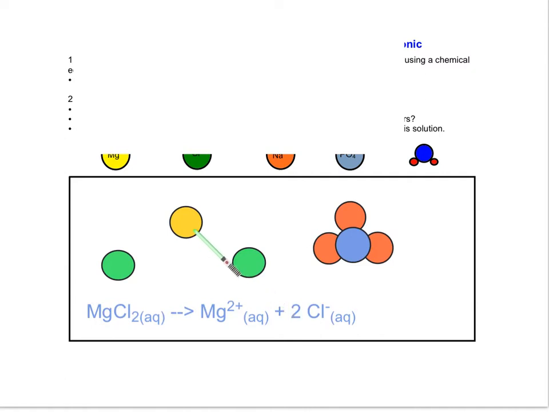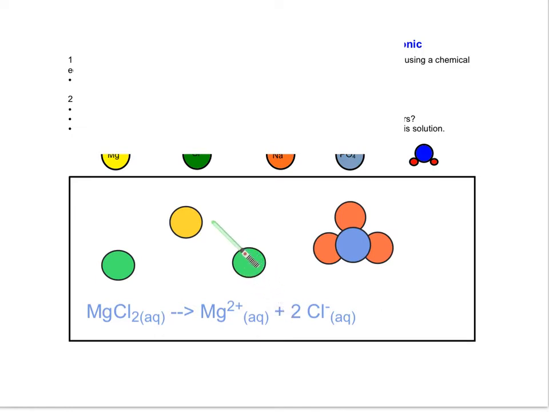But for instance, with the positively charged magnesium ion, it's the partially negatively charged portion of the water molecule that is interacting with it, namely the oxygen part. And for these two parts here, it's the partially positively charged part of the water molecule, namely the hydrogen end, that is interacting with the two negatively charged ions.